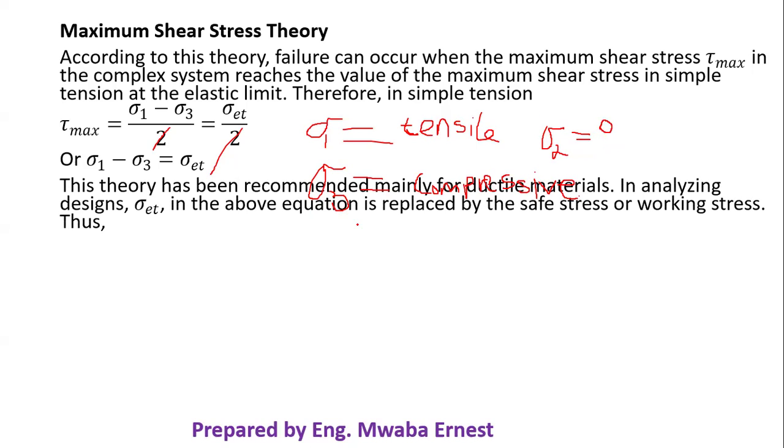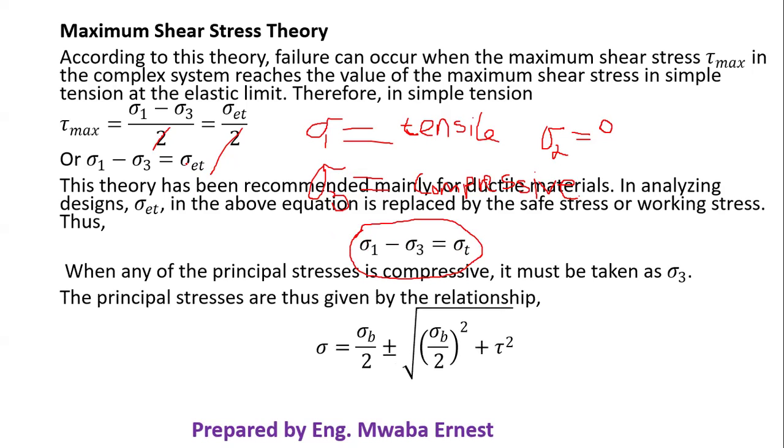If it's not that, then there will be ways to help us get to that. So when we're dealing with ductile materials, we have stress 1 minus stress 3 being equal to the tensile stress. Here is the elastic limit stress that we are finding.